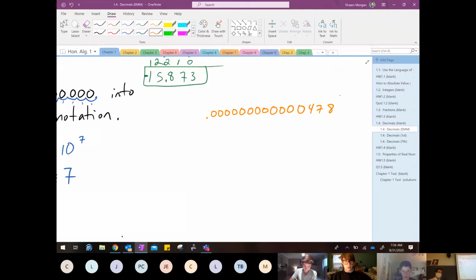So if I'm working in calculations with this, I don't want to sit there and have to write out all those zeros every time. So I'm going to shrink it down, compress it, sort of like a zip file, by counting the number of spots I have to move the decimal to the right: 1, 2, 3, 4, 5, 6, 7, 8, 9, 10, 11, 12, 13.